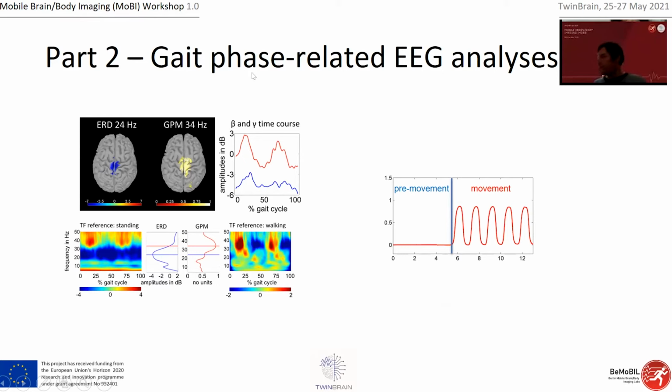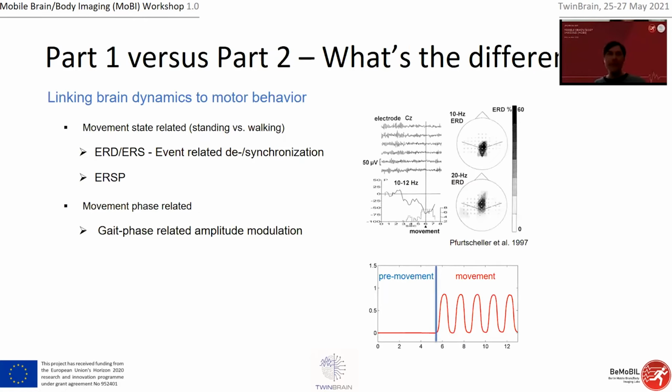There is another script you can try to run. For the second script, it's important to also set the Brainstorm path. The only function I'm using from Brainstorm here is time-frequency analysis. And that's the general difference. We discussed it already, we looked at those results, but this is conceptually very different, looking at different phases.